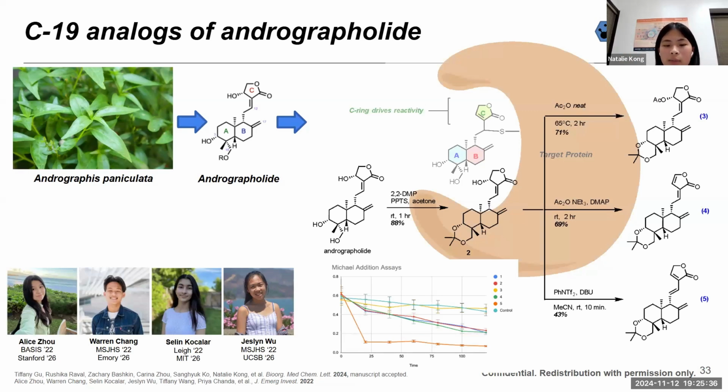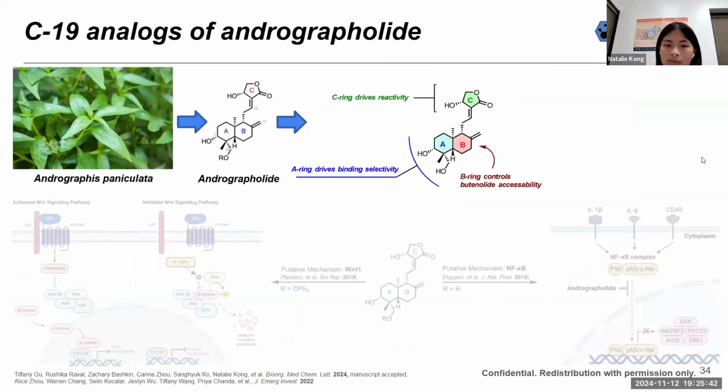And this is in a paper that they published in the Journal of Emerging Investigators in 2002. So along these lines, our lab wished to further explore the potential structural changes that we could do to Andrographolide in order to affect its selectivity or its reactivity.